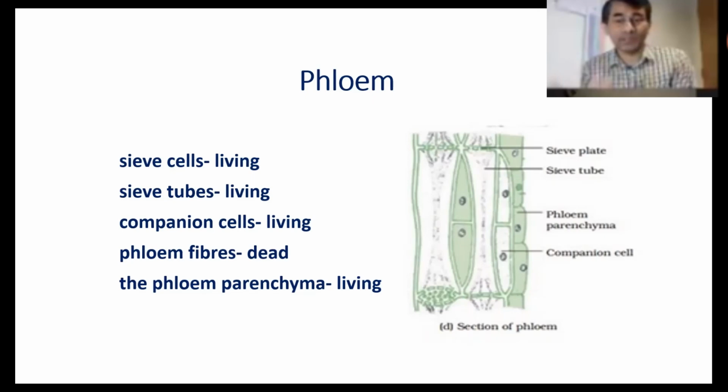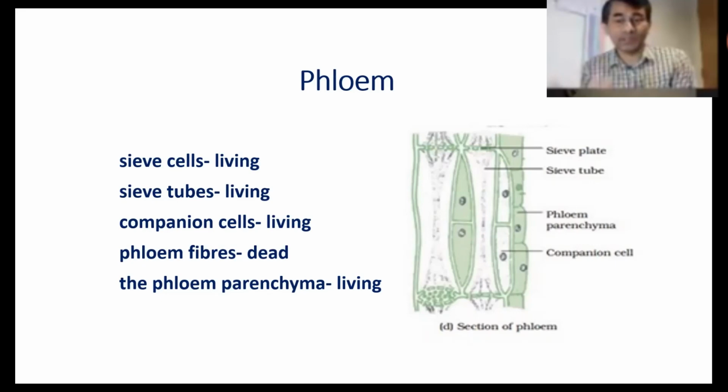And phloem, you can see in the diagram, has 5 different cells. So it has sieve cells, sieve tubes, companion cells, phloem fibers, and phloem parenchyma. So there are 5 types of cells.